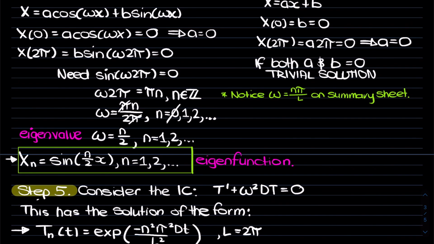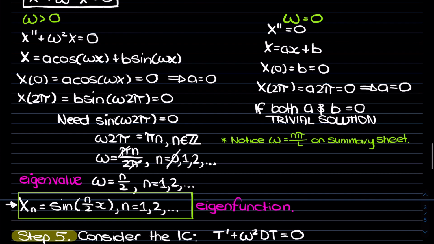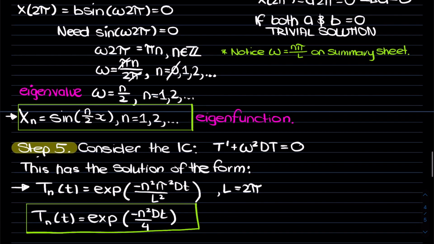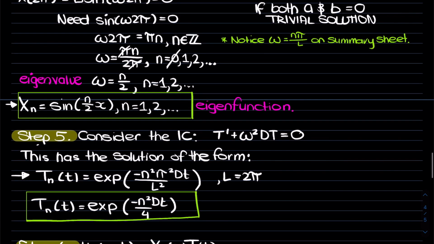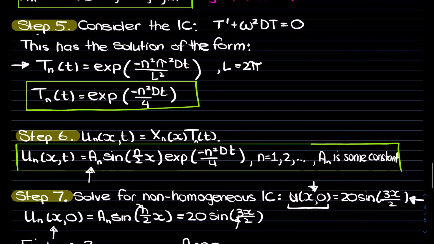Our eigenvalue also started at n equals 1 simply because the lambda equals 0 case was trivial. You'll also see that we got the eigenfunction x of n that was a sine function, just like the summary sheet said it would be. Step 5, we then considered the initial condition, so we used that t equation that we saw above.